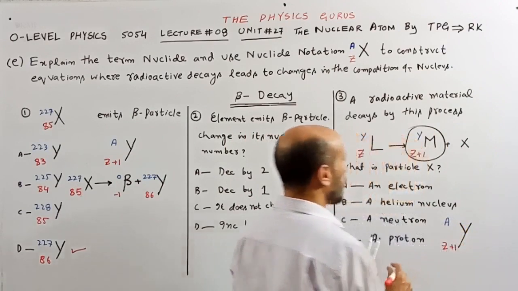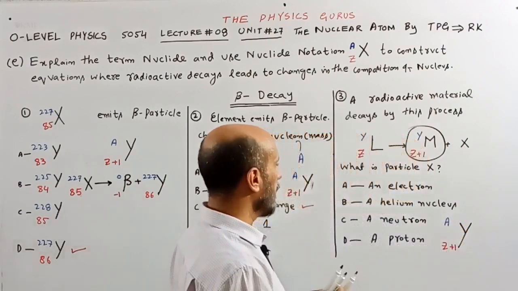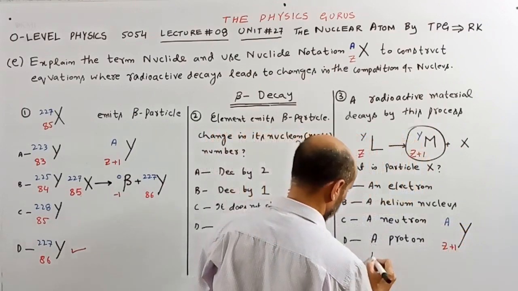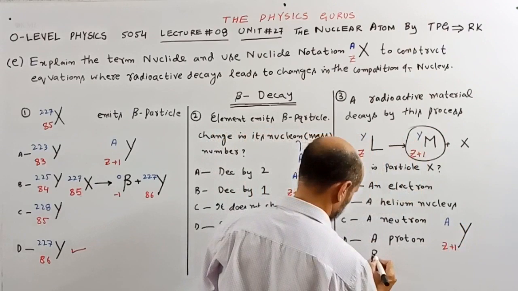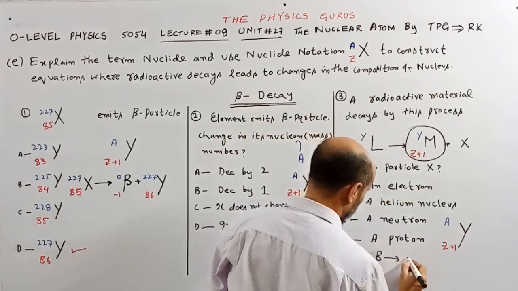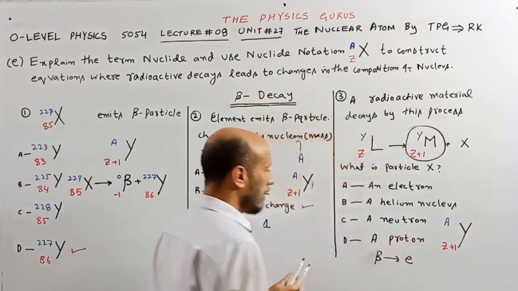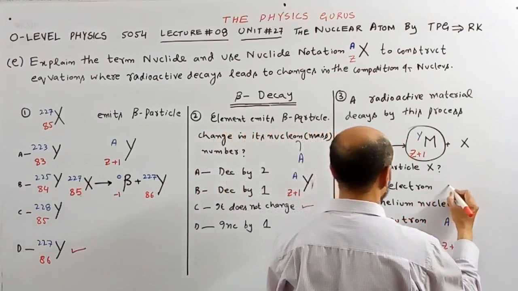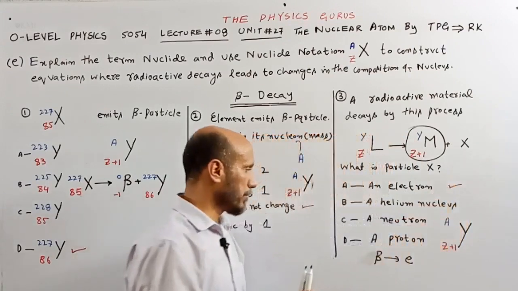Obviously, which particle will be emitted? It will be a beta particle, and a beta particle means it will be an electron. So which option is the correct option? Option A is the correct option.